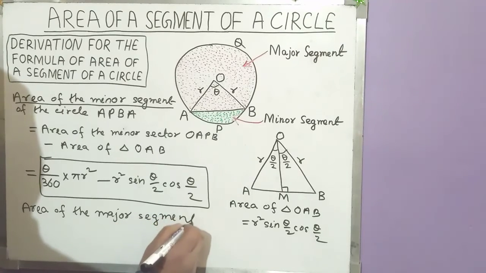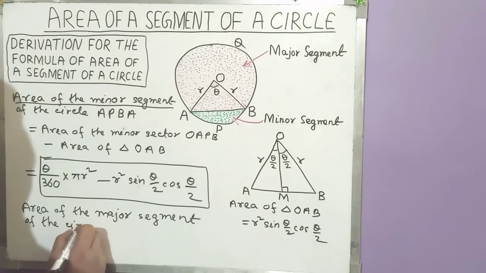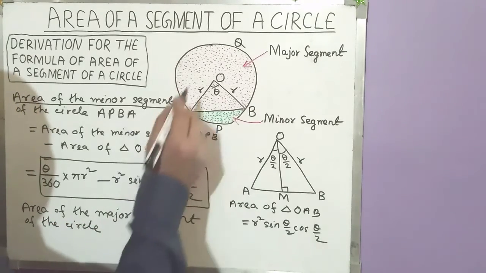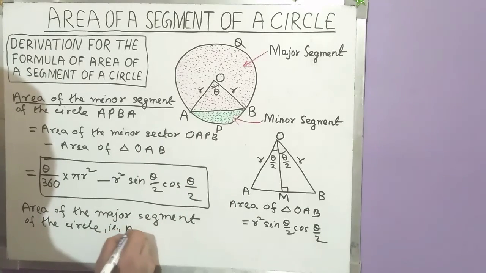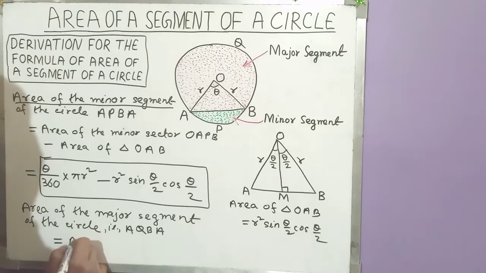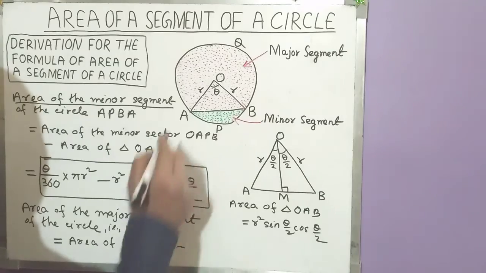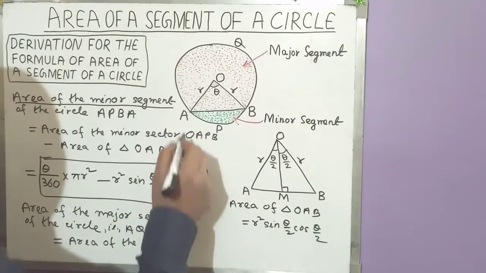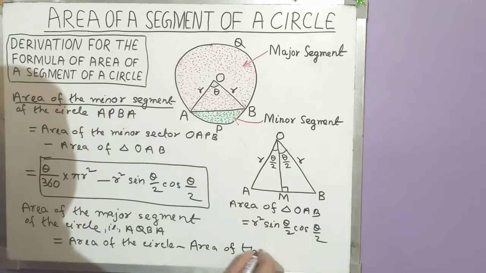Now, area of the major segment, here AQBA of the circle, is equal to area of the circle minus area of the minor segment, here APBA of the circle.